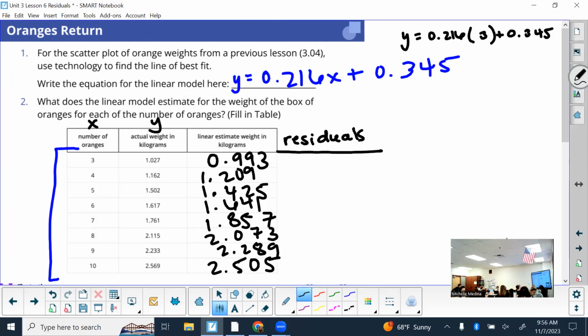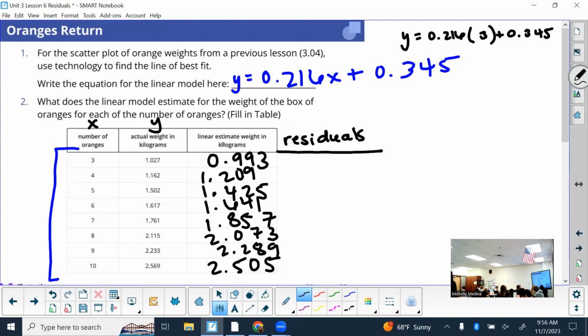If you don't know the formula for residuals, then you need to star it, highlight it, put it at the top of your paper. But residuals is actual minus estimated. And look, your table even uses that verbiage.